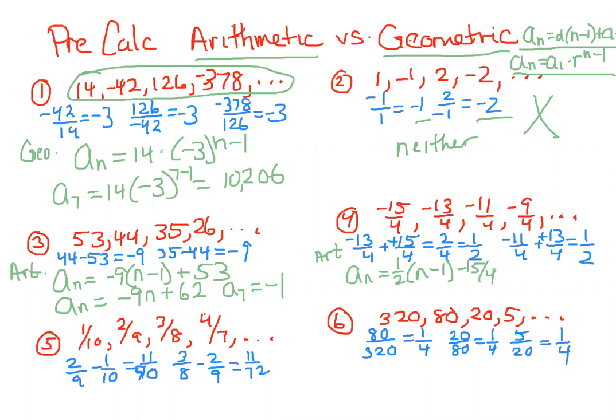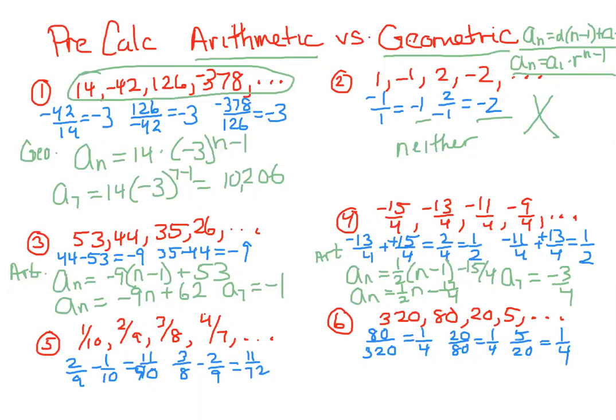And if I simplify this, I should get n over 2 minus 17/4. And substituting a 7 in for n, I'd have 7 halves minus 17/4. I should get negative 3/4 for A7.